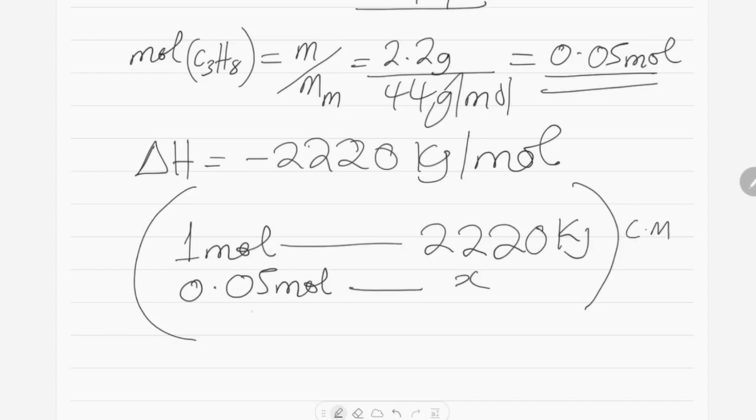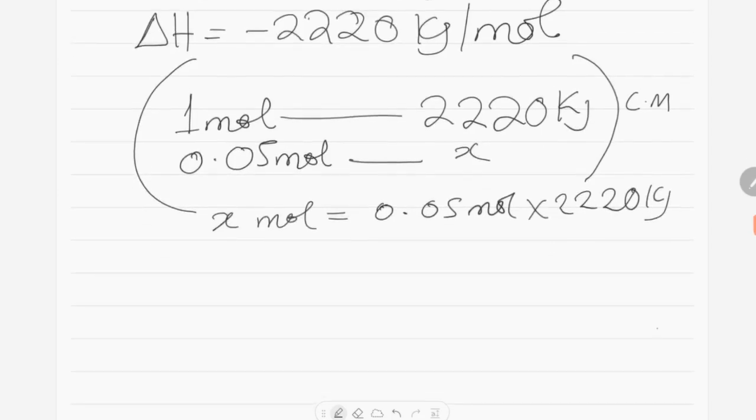This times that, we're going to have X mole is equal to 0.05 times 2,220 kilojoules. Divide this by mole, even this one by mole.